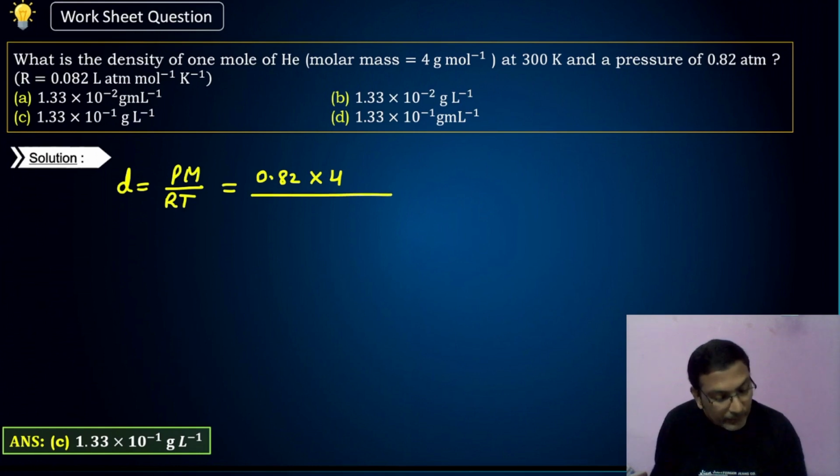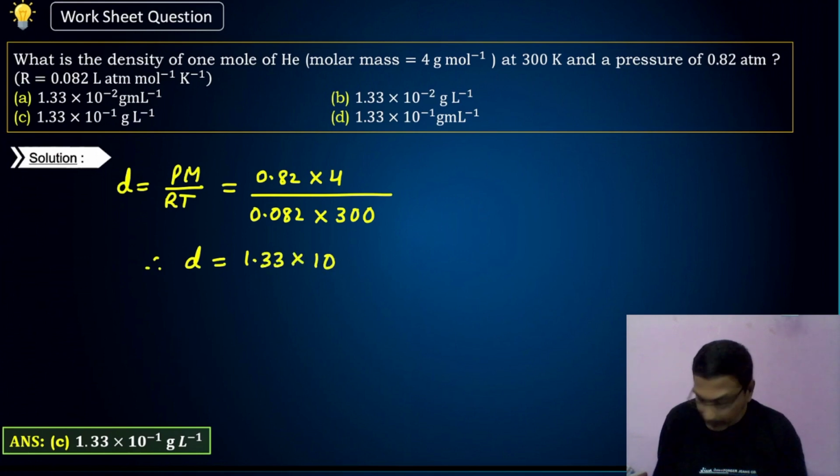R value 0.082 into temperature 300. Therefore, we'll get value density 1.33 into 10 power minus 1 grams per liter. Therefore, option C. Grams per liter. Option C. Next.